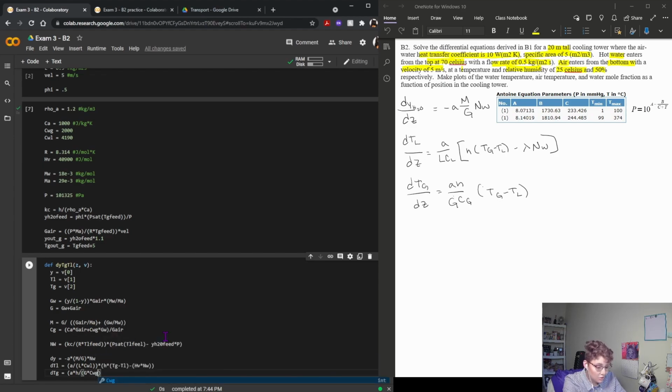For the gaseous water, the water vapor, and that is times the difference in the temperatures once again. And we will need to fix these.